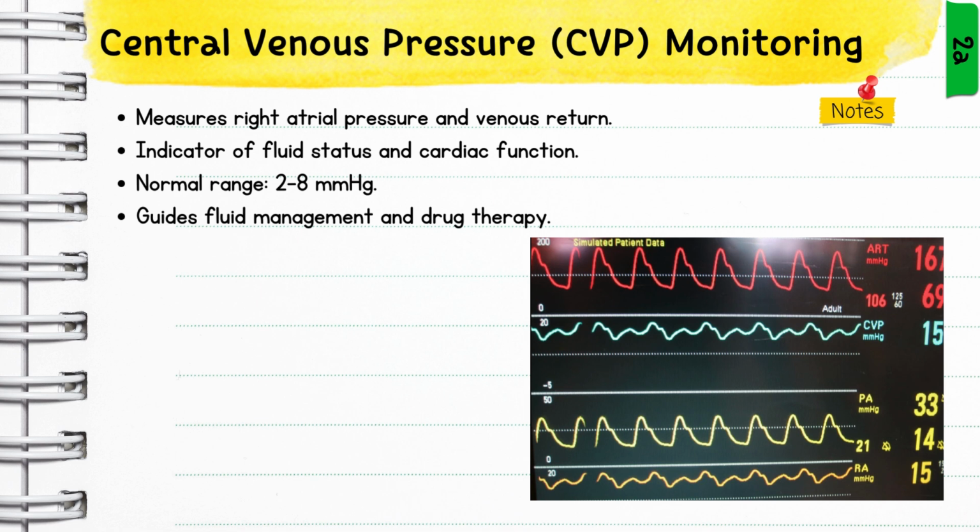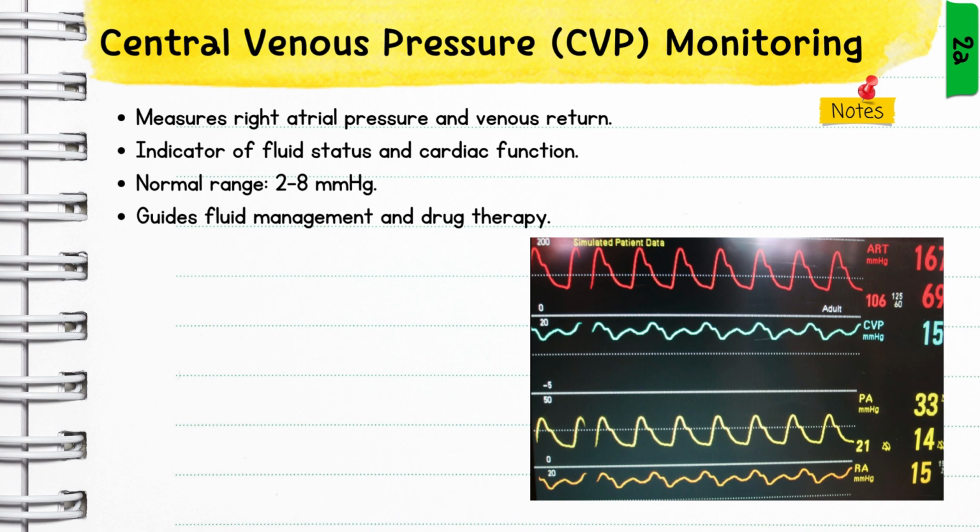I will tell you, when your patient is in shock, especially like septic shock, your physicians are going to be asking for continuous CVP monitoring, and they're going to be giving you orders based off of the CVP. And they may just ask for CVP, and then you need to know, based off of what the CVP is, what to ask the physician for. We'll go more over that in a little bit.